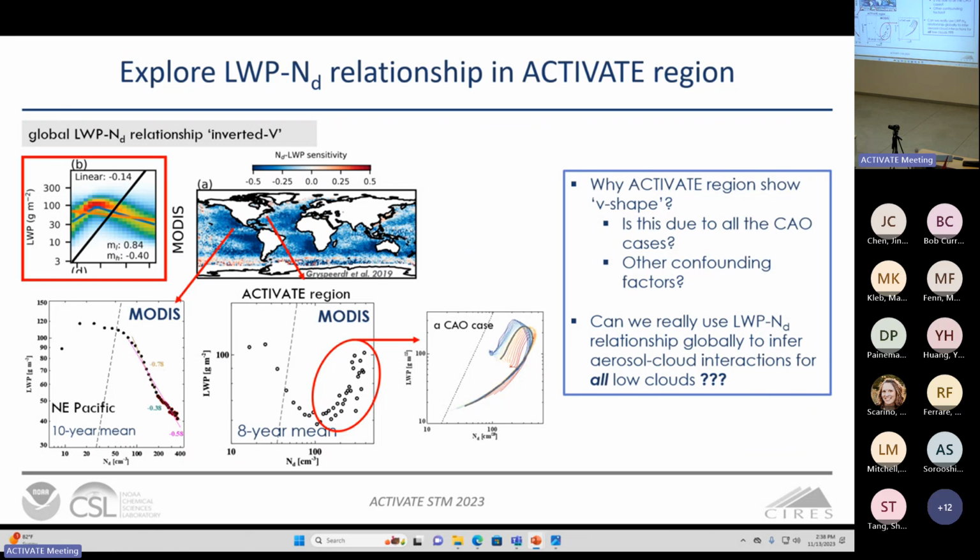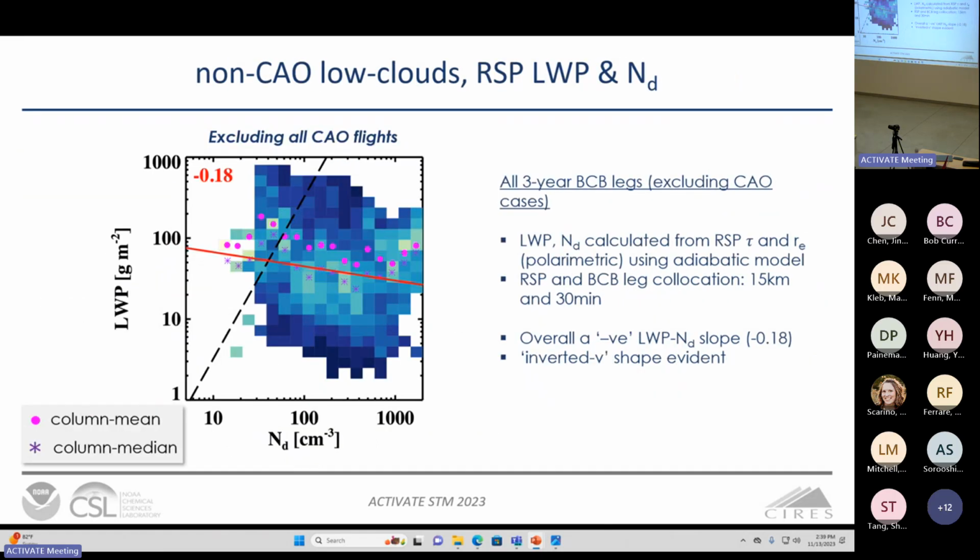For example, in the stratocumulus regions, we don't really have this dynamic environment where we have a strong gradient in aerosol, and we also have the Gulf Stream giving you the buoyancy fluxes. So the first thing I want to test is to get rid of those cold air outbreak cases and see if we can still see this inverted V.